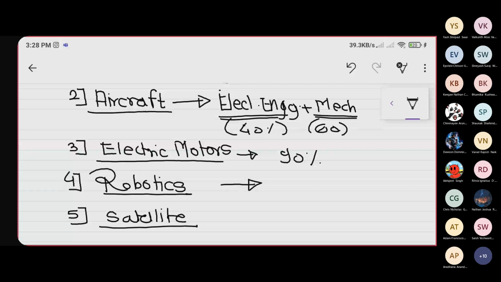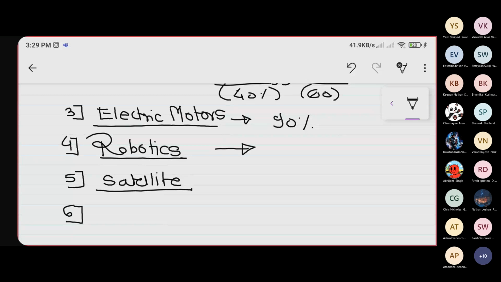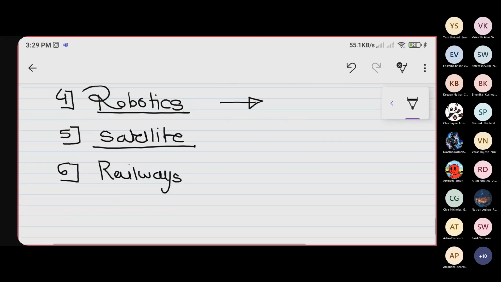Even if a mechanical engineer manufactures it, it needs proper guidance, proper orbit, everything that will be done by you people. Then railways, bridges, dams, etc.